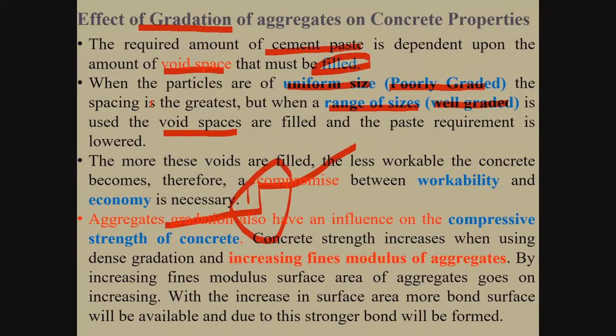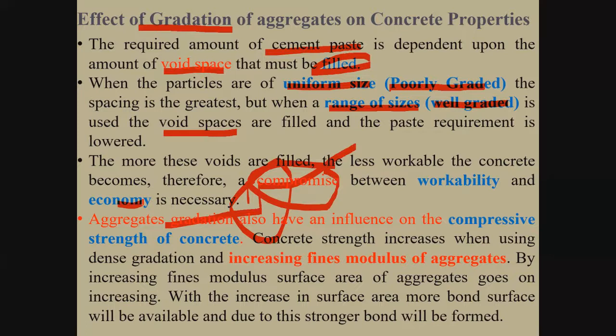So by that discussion, a well-graded material will be having less white spaces, and the amount of cement paste required will be less. And the poorly graded aggregates will be having larger white spaces, and the amount of cement paste required will be more. So now there will be a compromise between workability and economy.